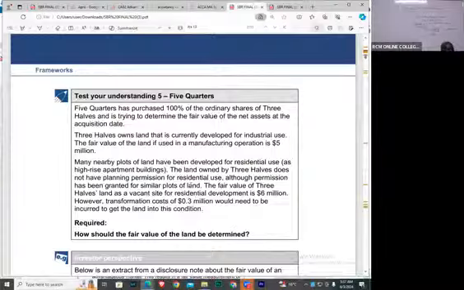The fair value of 3 Halves' land as a vacant site for residential development is 6 million. However, a transformation cost of 0.3 million would need to be incurred to get the land into this condition.